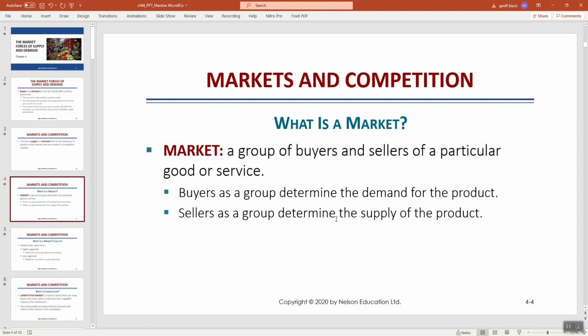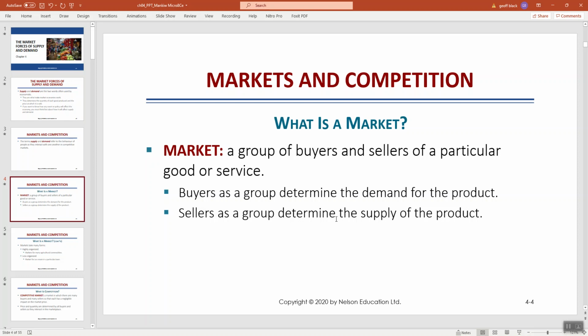Do I really want apples? That will determine if I'm going to buy, and if I do, that puts pressure on the demand for apples. Clearly the price is going to be indicative of whether I want to buy more or less apples. If apples are really, really expensive, my demand is probably going to be less. And if apples are really cheap, my demand will likely be much more.